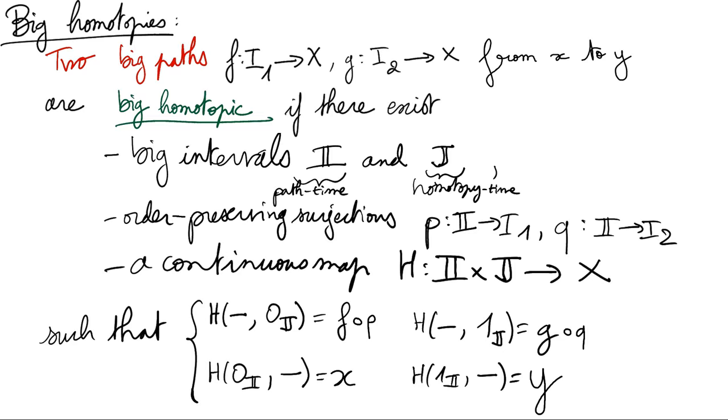Moreover, at any given moment during the big homotopy, corresponding to any element of J double bar, the corresponding restricted map must be a big path from x to y, so specializing the first argument to the minimum and the maximum of I double bar must always give x and y respectively. In this way, we have a continuously varying big family of big paths from x to y, essentially connecting the big paths f and g.